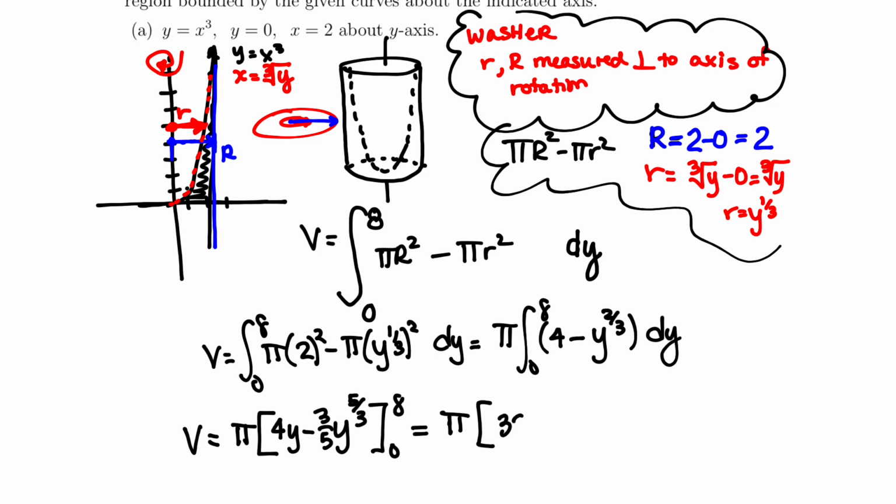So I get 32 minus 32 over 5 times 3. I did not get this last time. I don't know what I did last time. Oh well, I'll have to look at somebody's notes. We messed up.